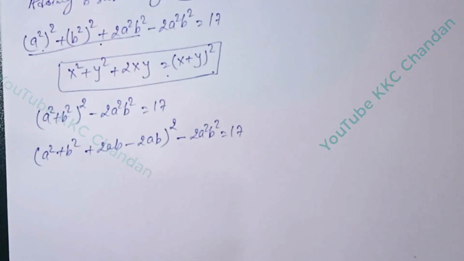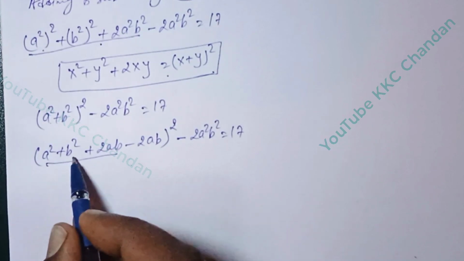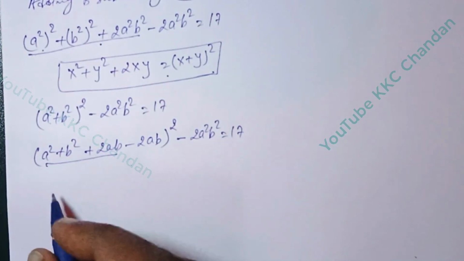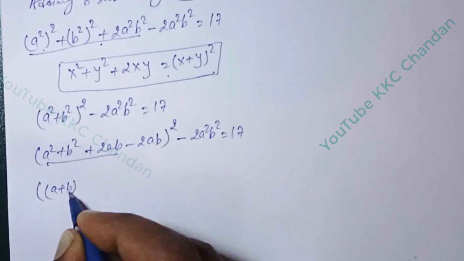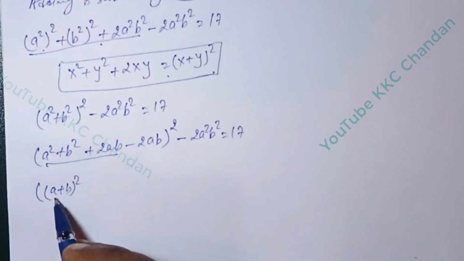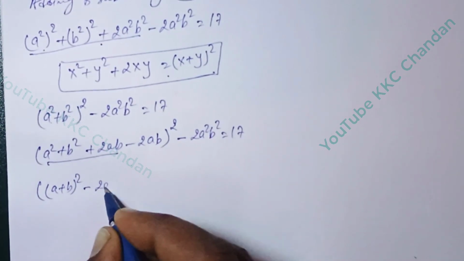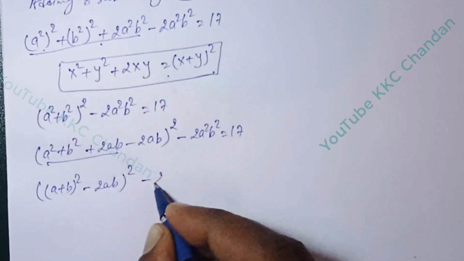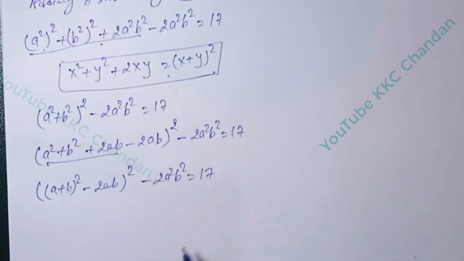After the next step, in this form, a square plus b square plus 2ab, we know that this formula will be applied here: a plus b whole square form. So next step, minus 2ab bracket close whole square minus 2a square b square is equal to 17.